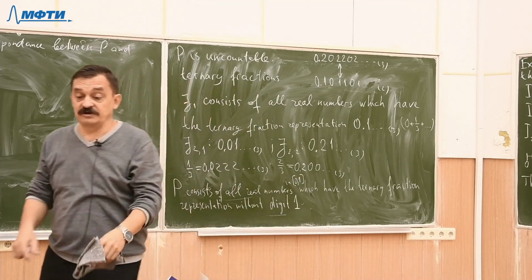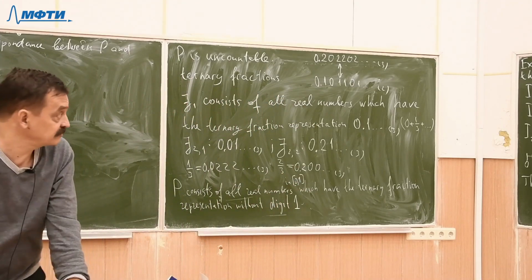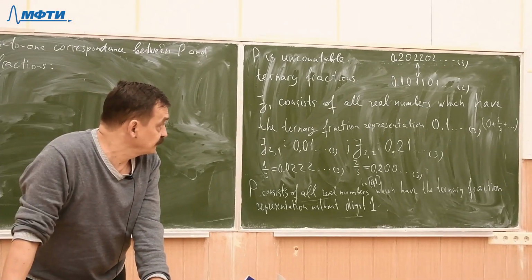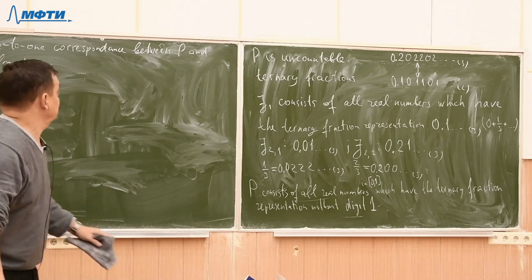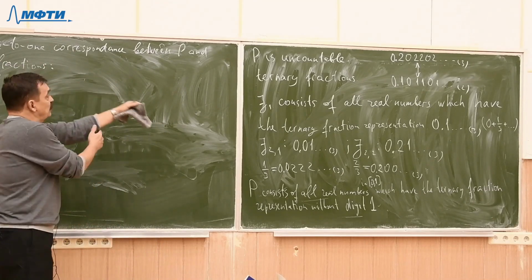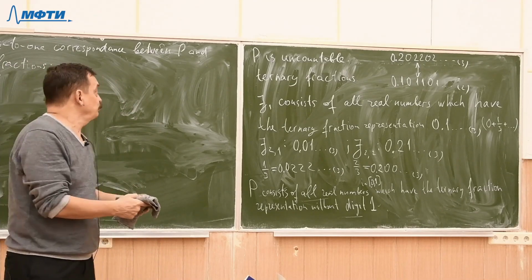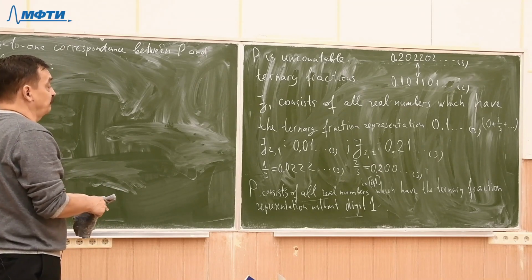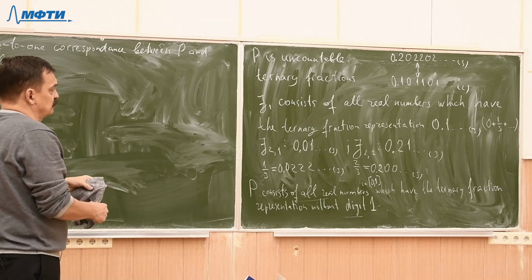Obviously, every real number has a representation as a binary fraction. So it means that we have a one-to-one correspondence between P and the interval 0, 1, and in fact even more.